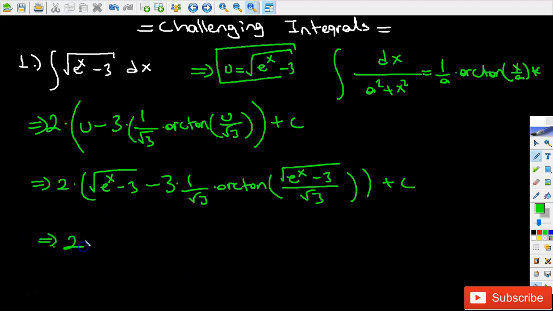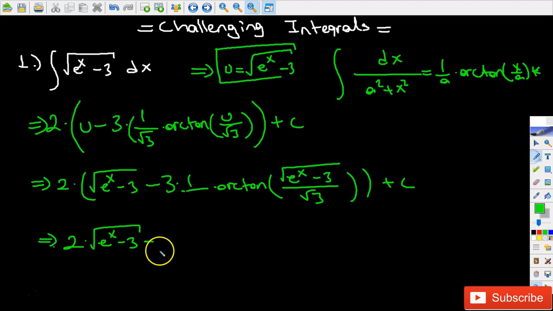If I distribute 2 into the parentheses, we get 2 times the square root of e to the power of x minus 3, minus 3 square root of 3 divided by 3, so it's just the square root of 3. And if I multiply it by 2, it's just 2 square root of 3.